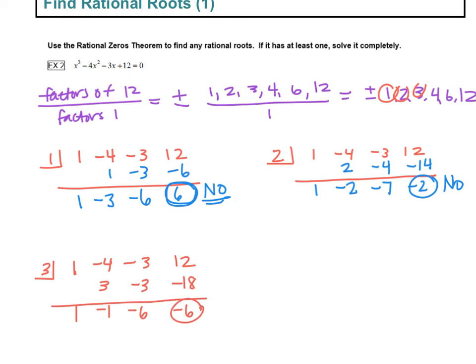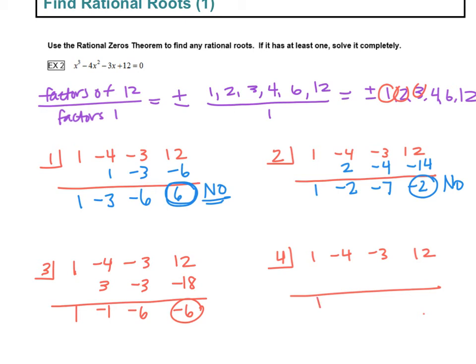So we're moving on to 4. Here's our coefficients again, 1, negative 4, negative 3, 12. So sometimes if you look at, we have 1, 2, 3, 4, 5, 6. All positive, all negative. There are 12 possible factors that we'd be trying here. So we're just keeping our fingers crossed that we get one that works sooner than that.